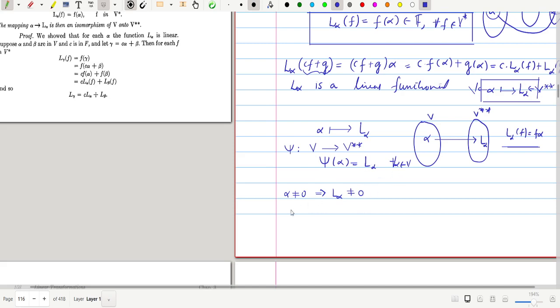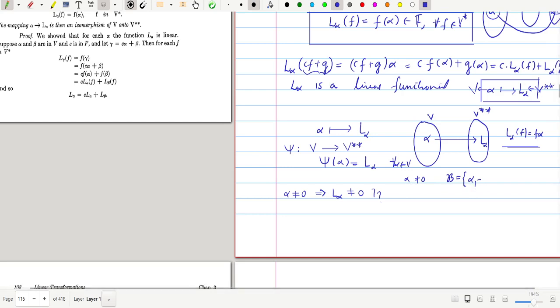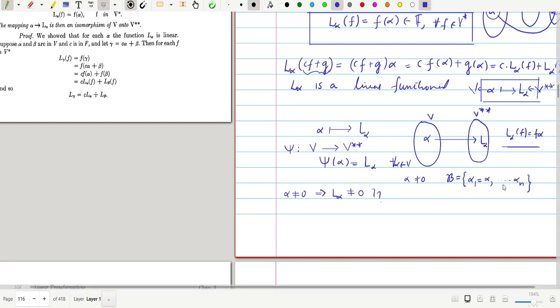Okay, so how will you prove this alpha not equal to 0 implies L alpha not equal to 0? This is our claim. Whenever alpha not equal to 0, then you can consider a basis of V consisting of alpha, or extend. You can extend this non-zero element. Say I'll write the first element as alpha 1, which is alpha itself, and you can extend this to a basis for V. If V is n-dimensional, then there should contain exactly n elements.